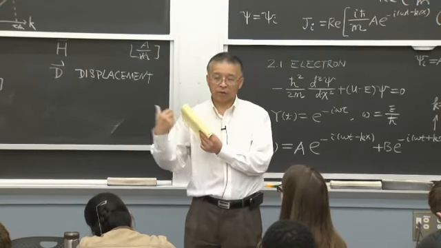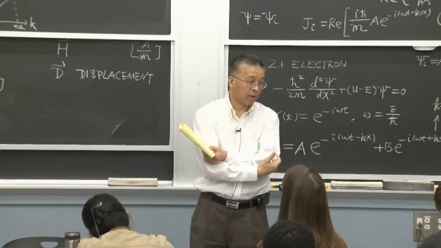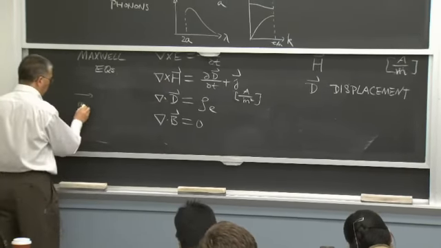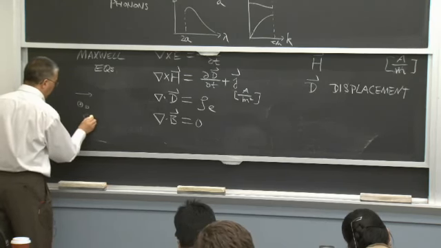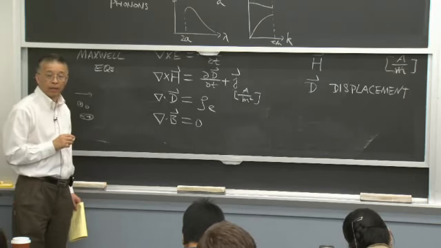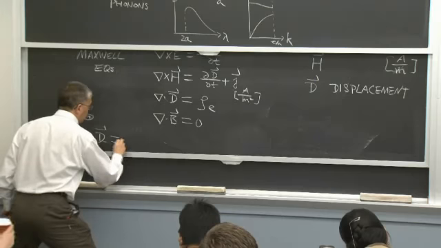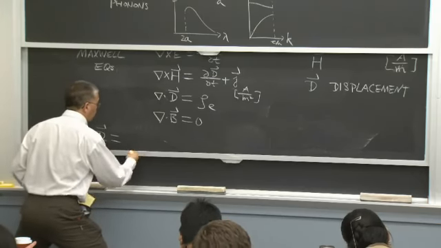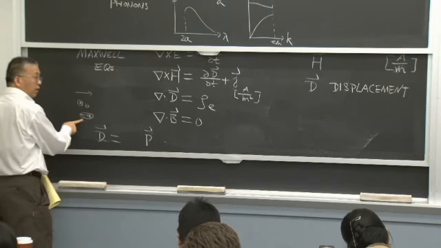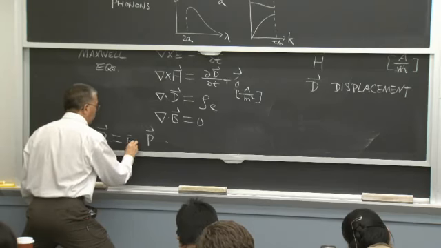Positive charge has a force along the field direction, negative charge opposite the field direction. So that means they will have a dipole. Here is a positive, here is a negative.